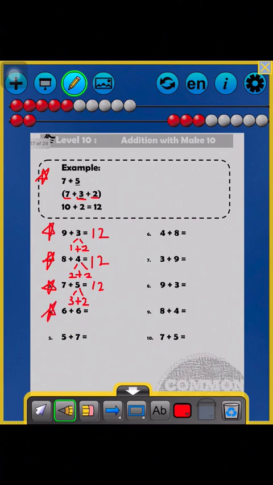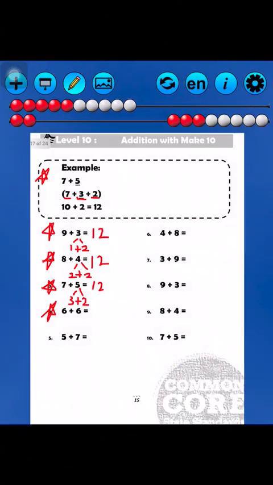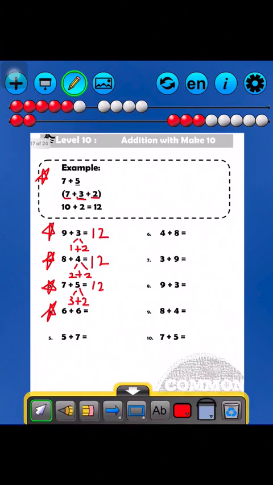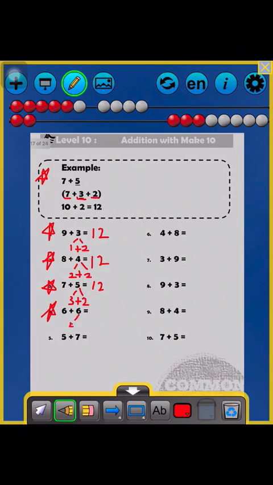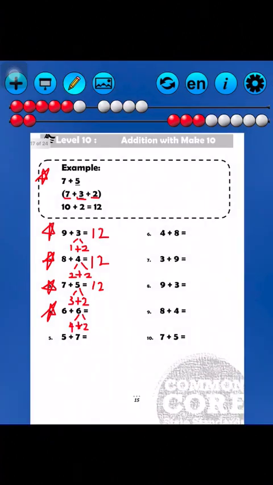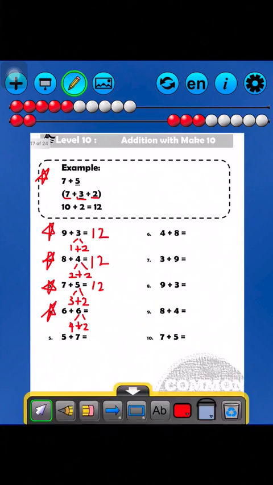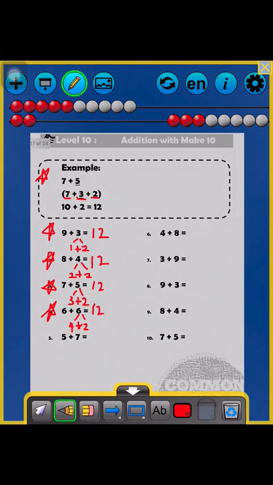And then we have 6 plus 6. Six plus 4 equals 10. So we may take away 4 from one 6 and give the 4 to the other 6 to have 6 plus 4 plus 2 to form 10 and 2, 12.